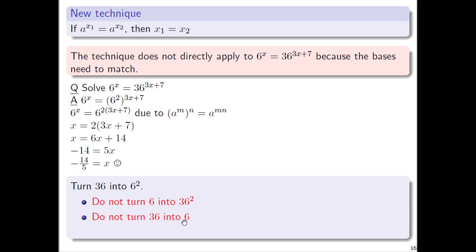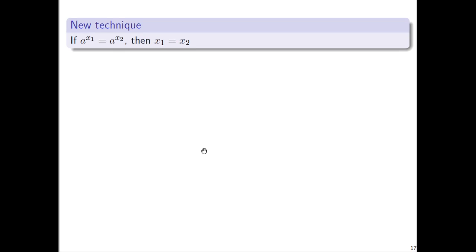Don't turn 36 into 6 because 36 isn't equal to 6. Don't turn 6 into 36 because 6 isn't equal to 36. You can turn 36 into 6 squared, which is what we did here. This 36 that's right here became 6 squared.